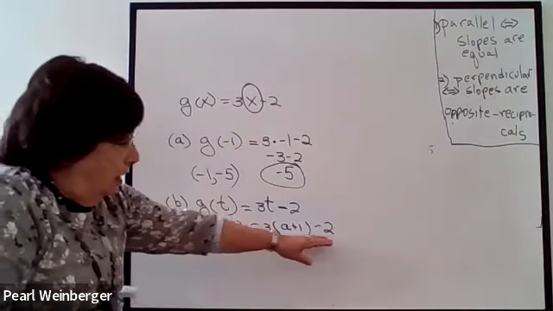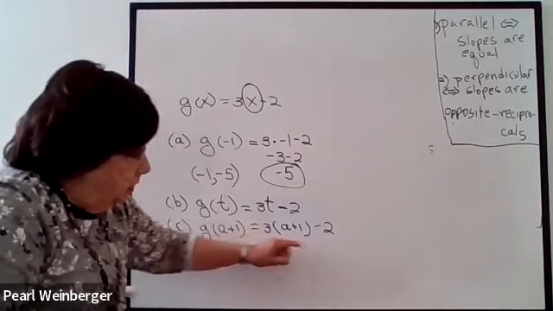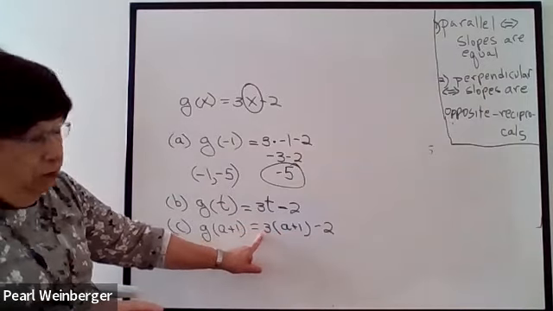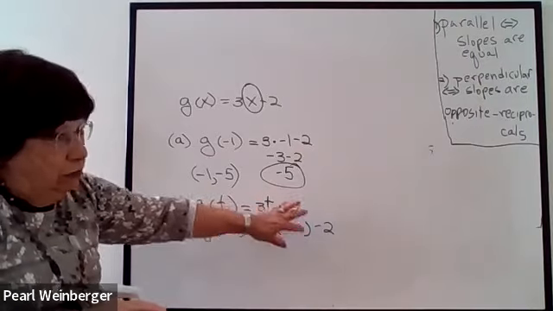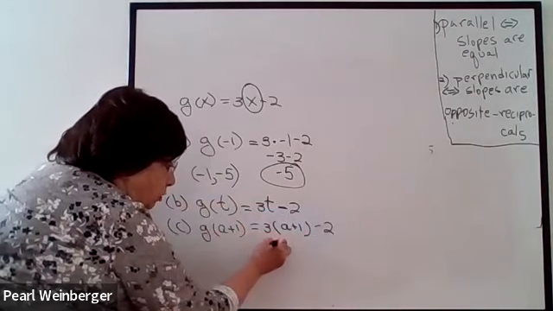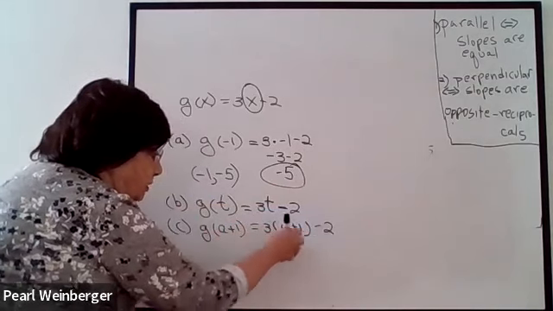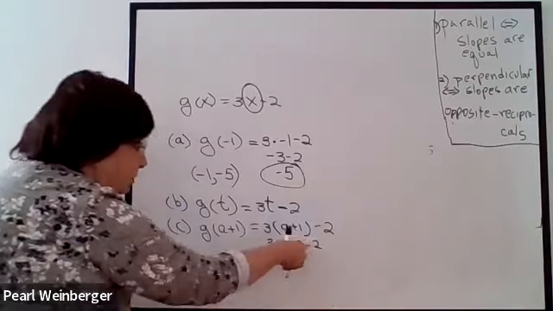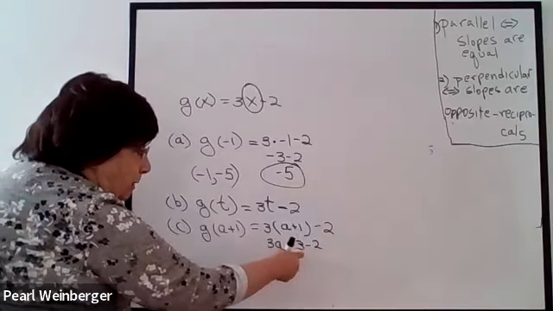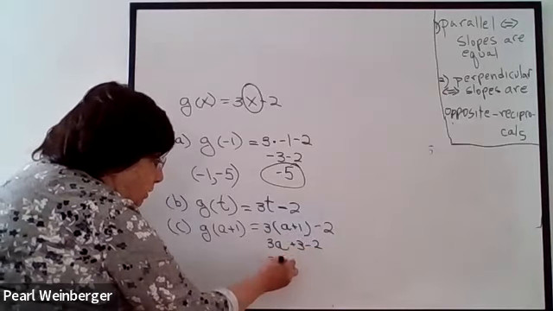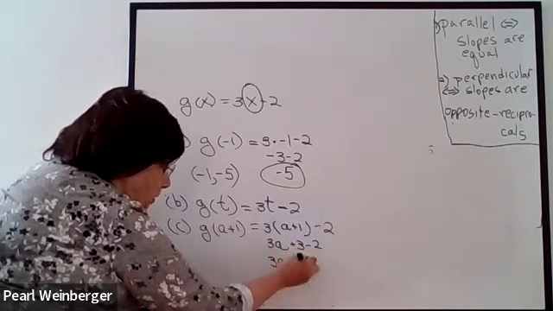Now, I could simplify this because when I'm multiplying a number by a binomial, I have to use the distributive property. So 3 times a will give me 3a, and 3 times 1 will give me 3. And I still have this minus 2. Combining these like terms, 3 minus 2, this will give me 3a plus 1.